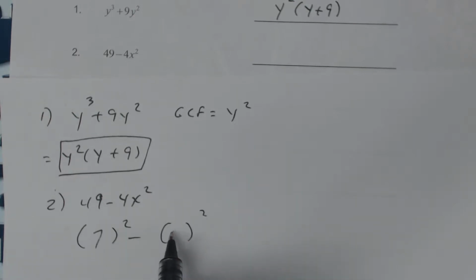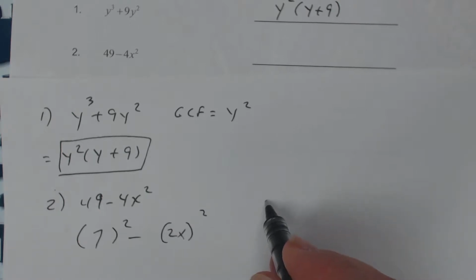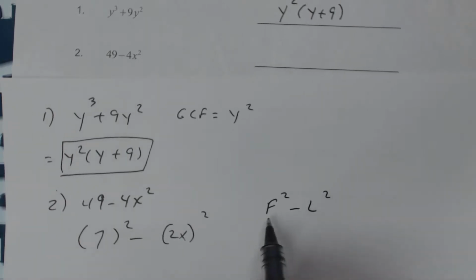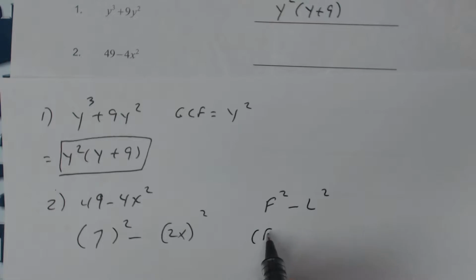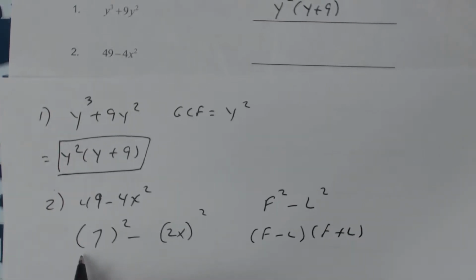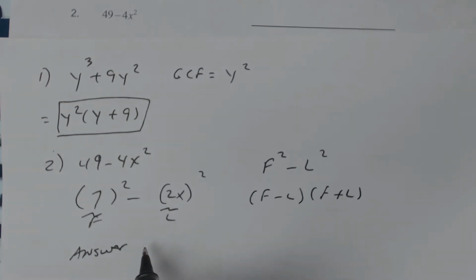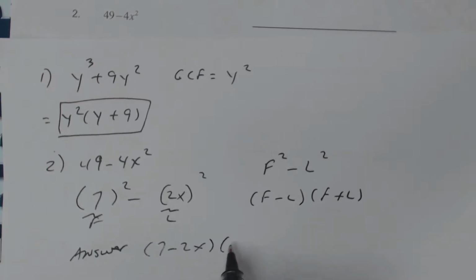The answer is 7. What times itself is 4x squared? The answer is 2x. Remember, if you have f squared minus l squared, the difference of two squares, the formula is f minus l times f plus l. So this is f and this is l. The answer is going to be 7 minus 2x times 7 plus 2x.